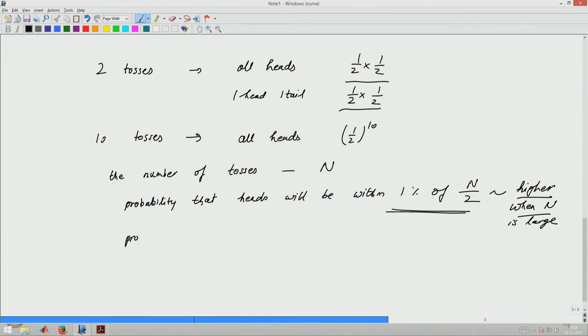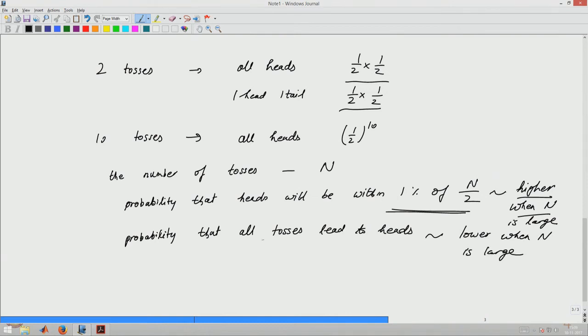Similarly, the probability that all tosses lead to heads will be lower and lower when n is larger and larger.